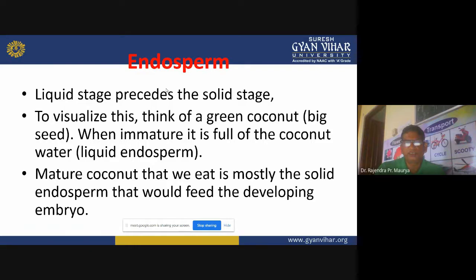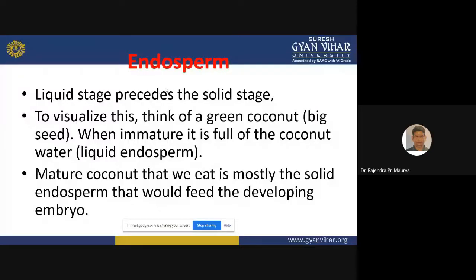So endosperm is utilized as an initial nourishment when we do seed sowing for raising seedlings or in the field. So initial nourishment occurs through endosperm.